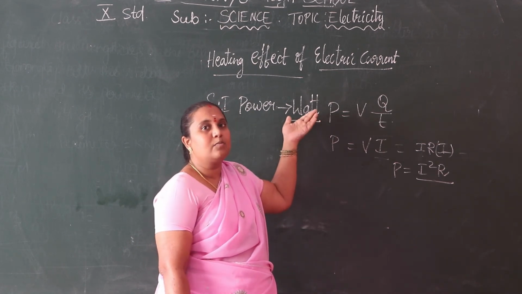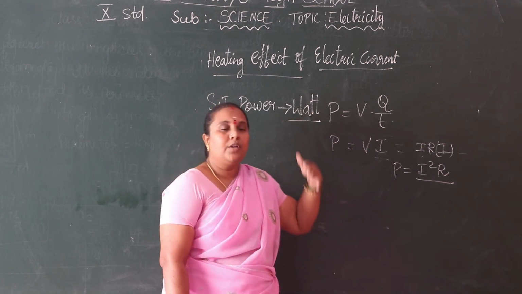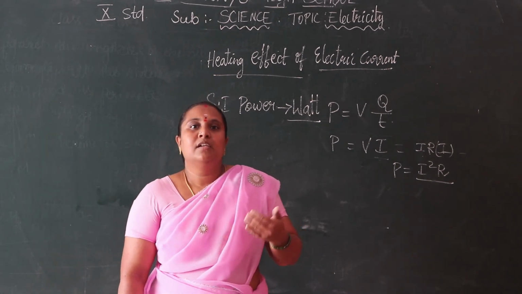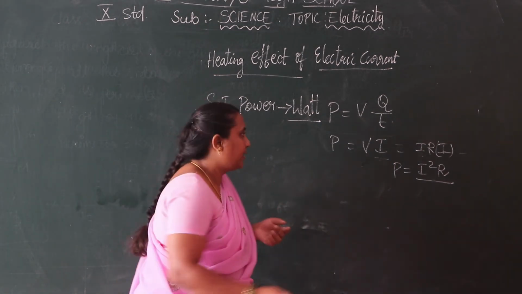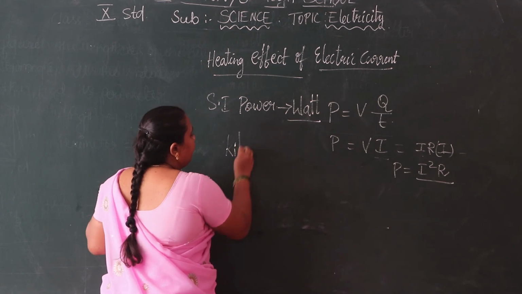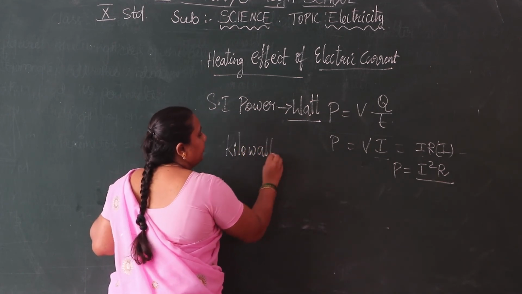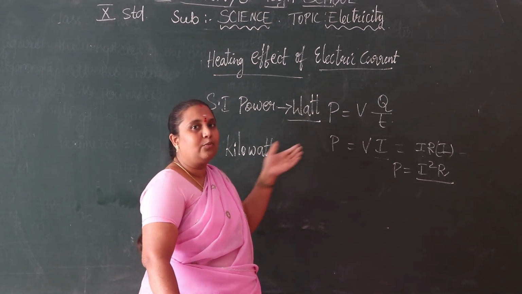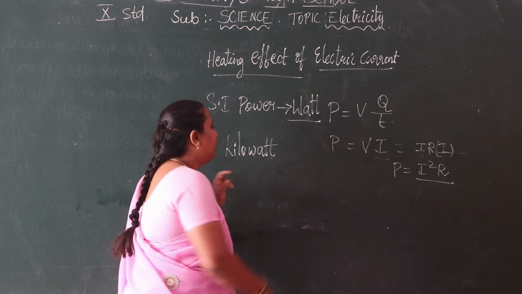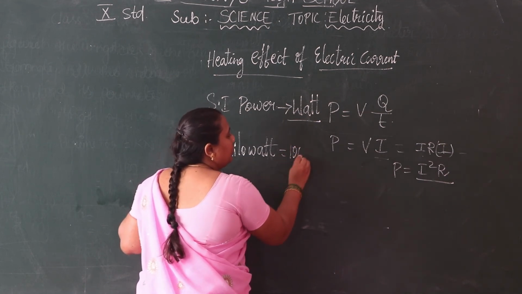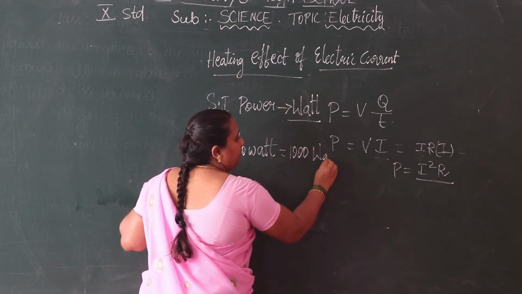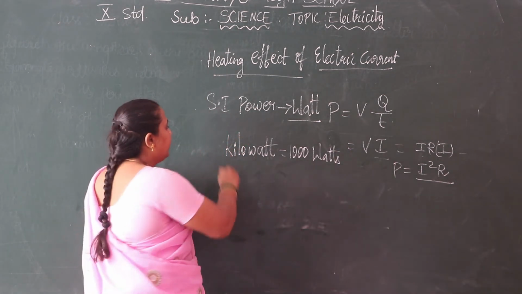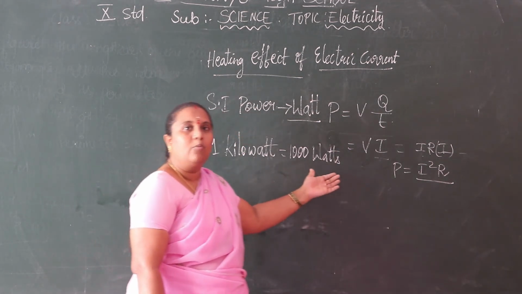Watt is a very small unit, so for electric power used in our daily life we calculate in kilowatt. 1 kilowatt equals 1000 watts.